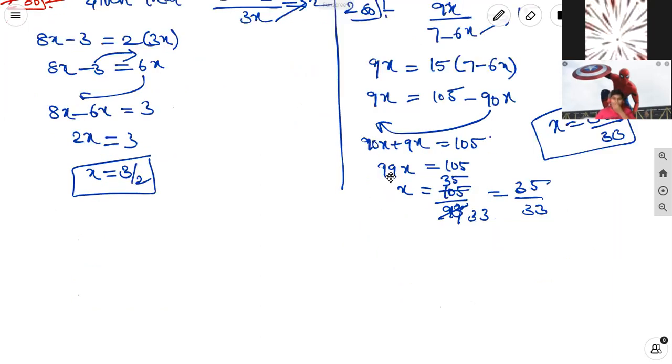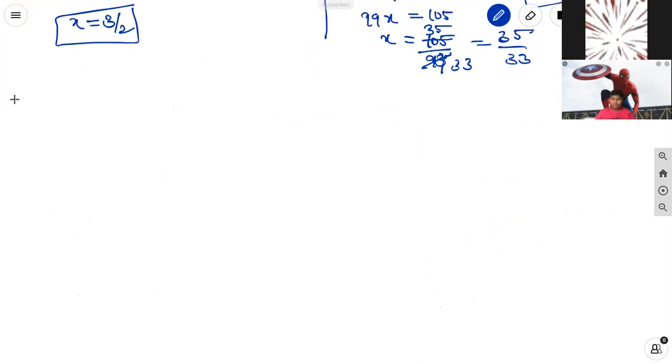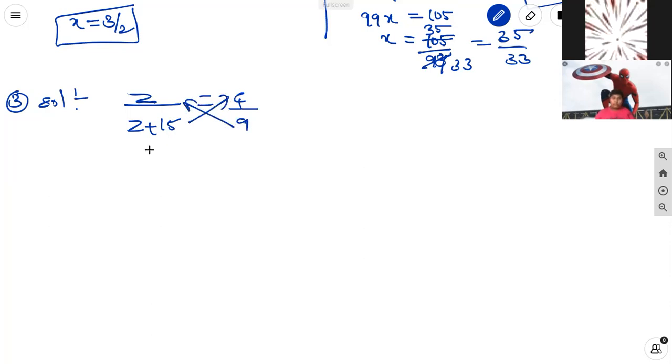Third problem. Given that z/(z + 15) = 4/9. We can take the cross multiplication. 9 into z equals 4 into (z + 15). 9z equals, by the distribution, 4 into z is 4z, 4 fifteens are 60.